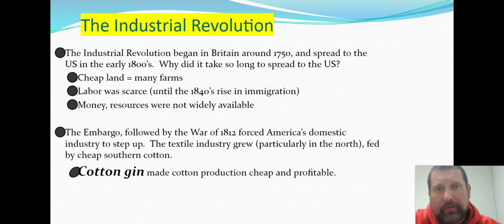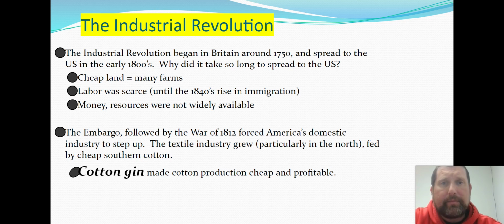And one of those contributing factors, of course, was the cotton gin. Cotton had long been the premier agricultural product for export from the United States. The embargo and the War of 1812 forced American domestic manufacturing production to really step up, and the textile industry in particular grew very well and very rapidly.